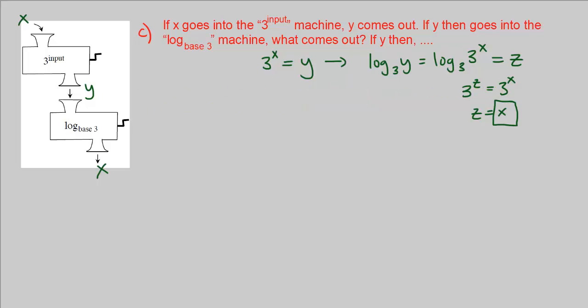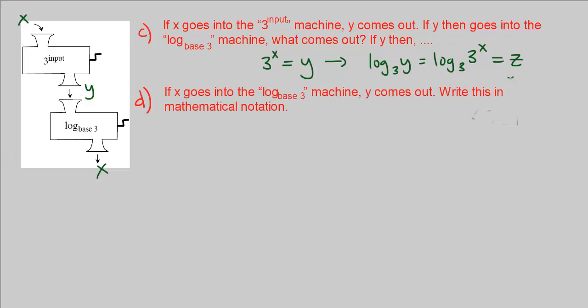Let me go ahead and clear this a little bit. So we know here output is x. I want to erase this so we can go ahead and see this problem.